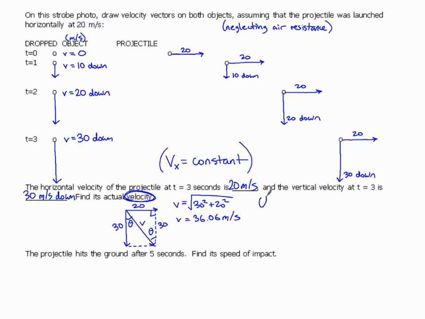So when we want to find theta, theta is the inverse tangent of 20 over 30. And it is 33.69 degrees from the vertical.